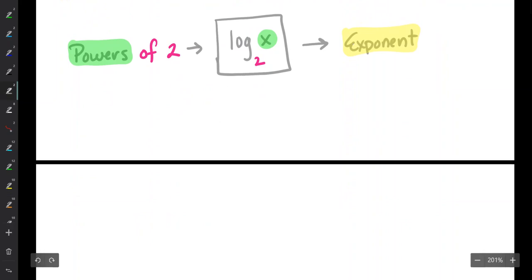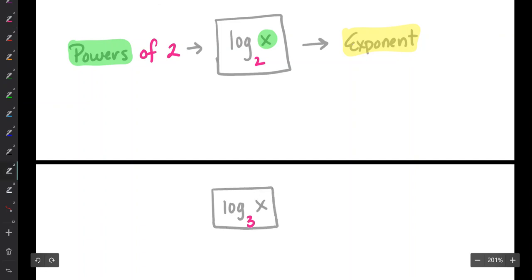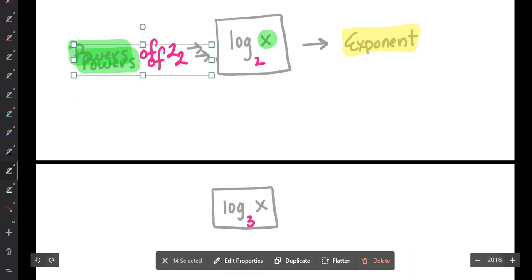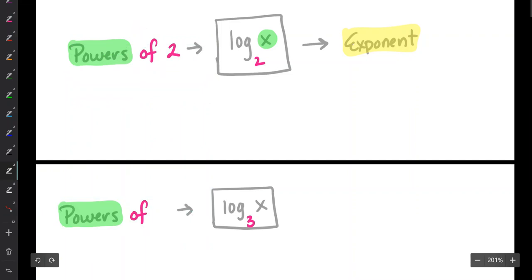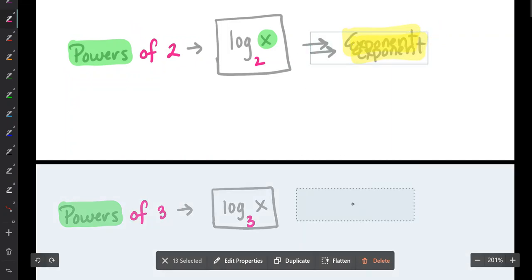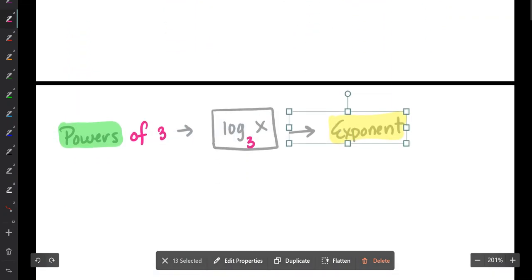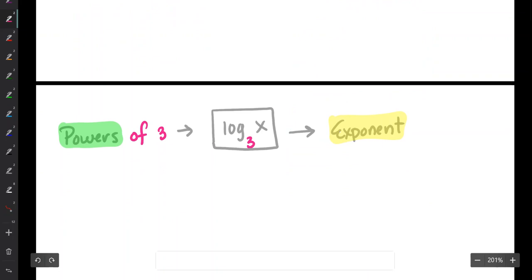So for an example, what do you think log base 3 is going to do? Log base 3 is not going to take in a power of 2, it's going to take in a power of 3. And it's going to spit out the exponent. All right, so for an example, if I'm inputting, how about 9? If I'm inputting 9, well, 9 is equal to 3 squared.